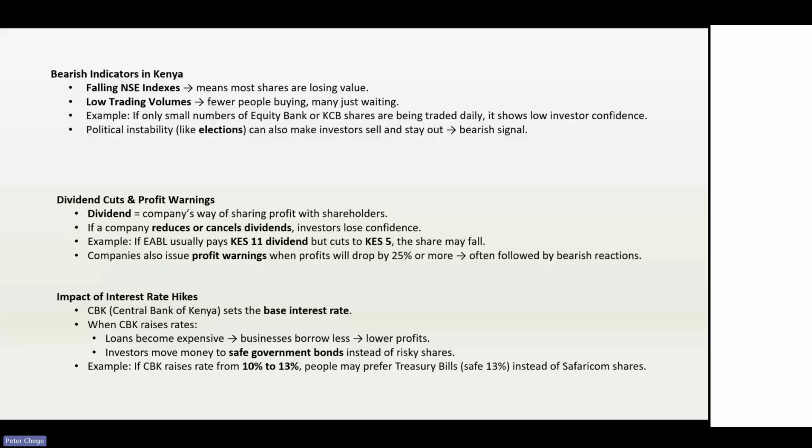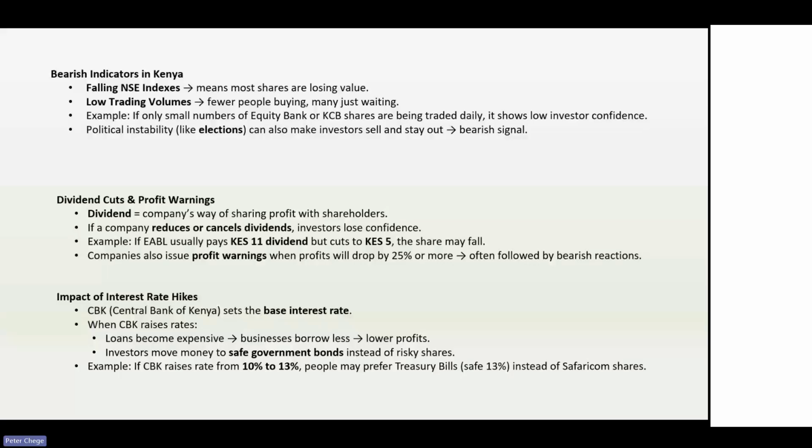So political instability again is also a signal for bearish market. So always check those. But there are also other signals like we'll see. There is also dividend cuts and also profit warnings. When companies are making announcements, there are those that give warnings, profit warnings in advance.